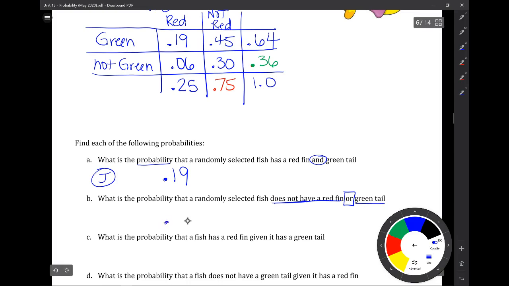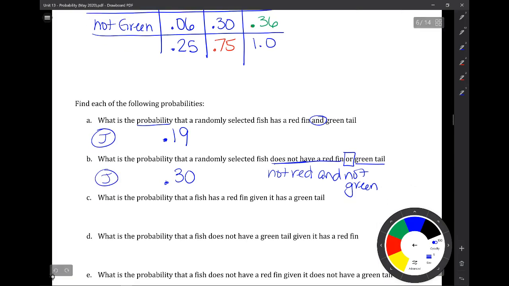So that is just going to be 0.30. Another way you could interpret this question, however, would be what is the probability that it does not have a red fin and not have a green tail? So that's just another way to think about it. Just the way that it's worded, the fish does not have a red fin or a green tail. So it's a not is really what that's asking, and that's another joint probability.